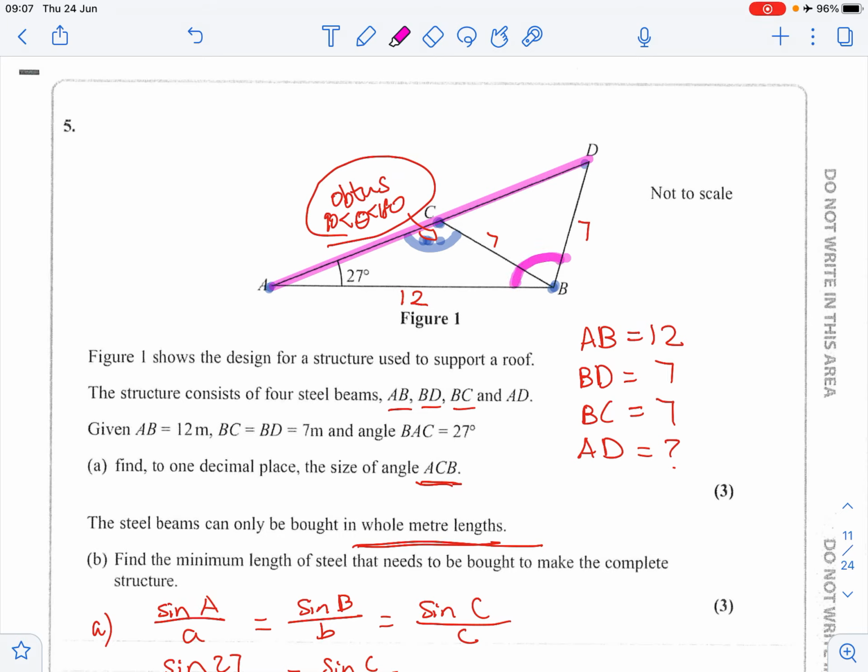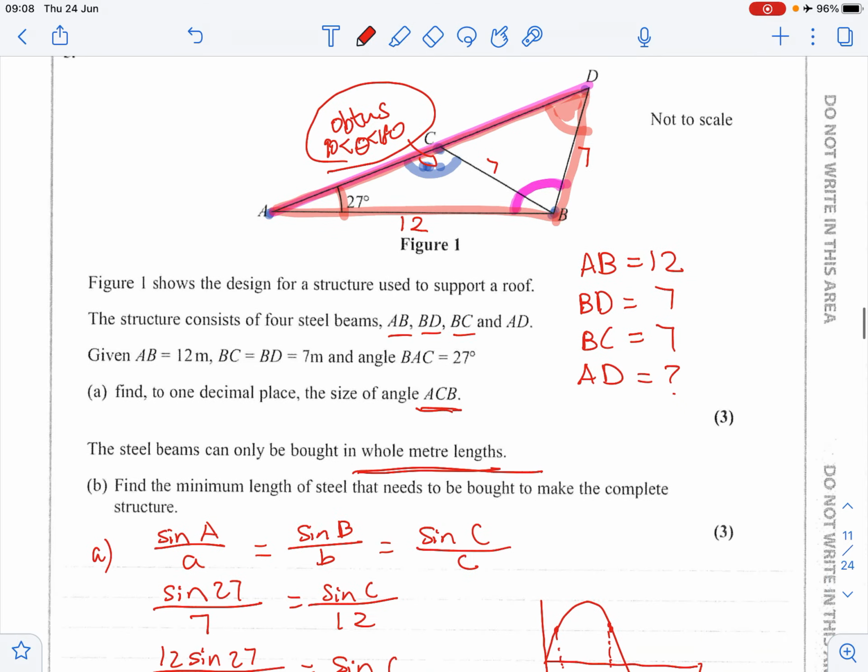To find out this angle, what we can do is use the angle we already know here, which is 27. If you can see, this is a big triangle here. We can use the sine rule to find this angle first.